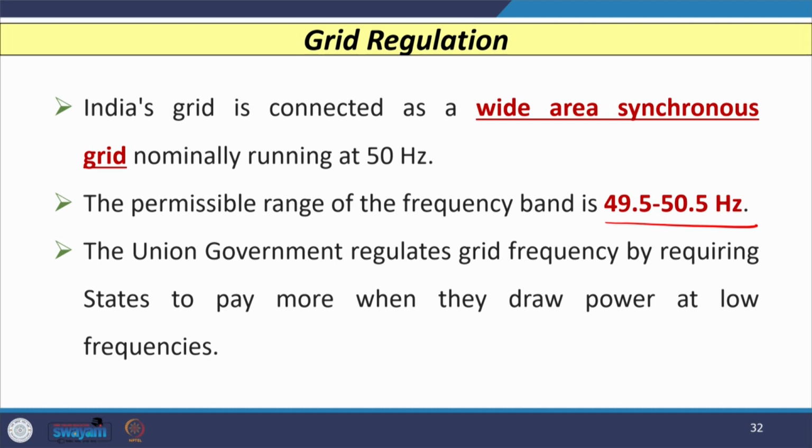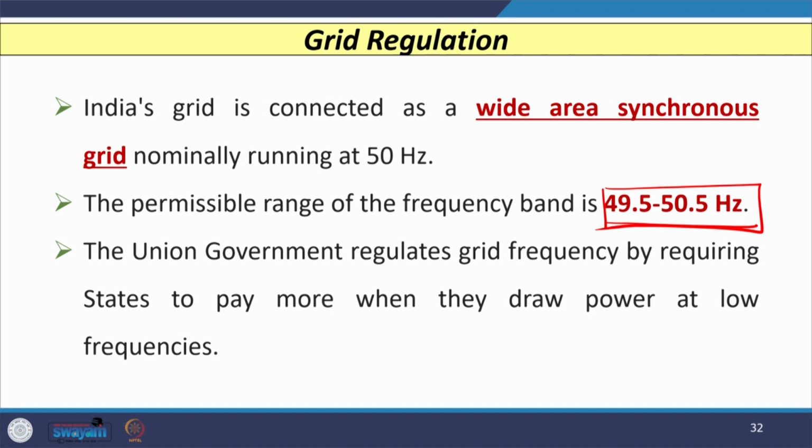And whenever any state government or any state level dispatch center is there, the central government or union government has given some regulation such that whenever any state draws power at low frequency, that state has to pay some additional money or penalty because this range is very important.